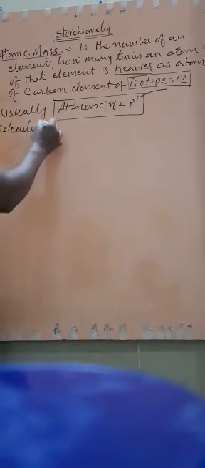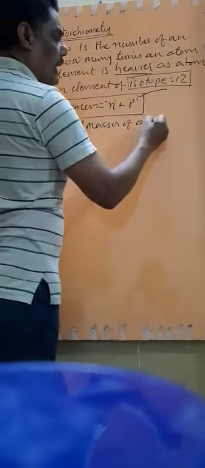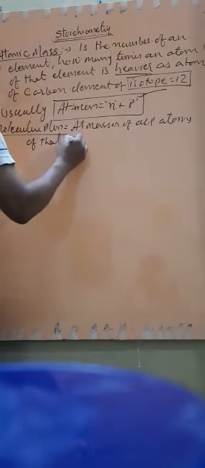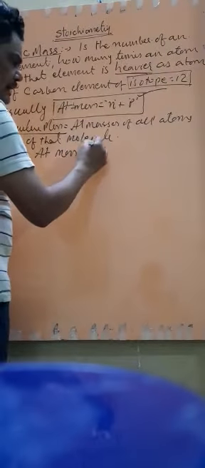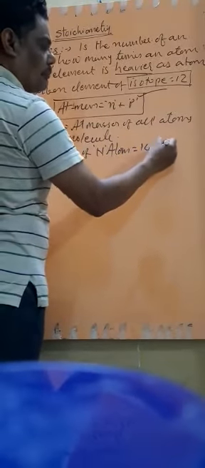Similarly, if you find molecular mass, what is molecular mass? Molecular mass is equal to the atomic masses of all atoms of that molecule. Like the atomic mass of a nitrogen atom is 14 gram.